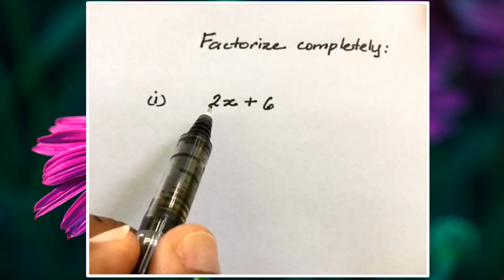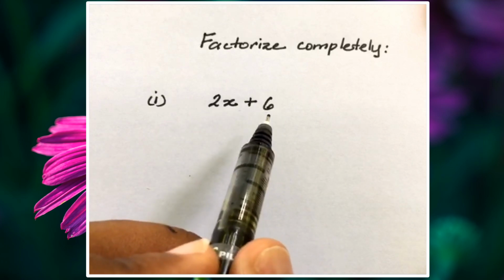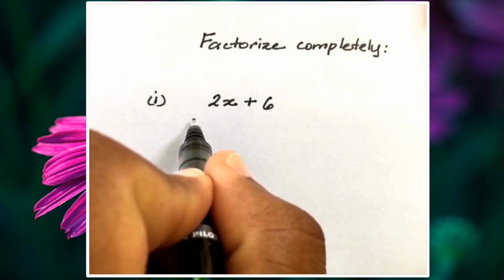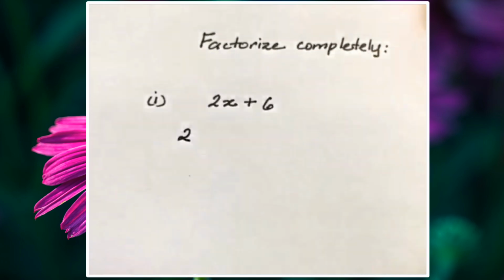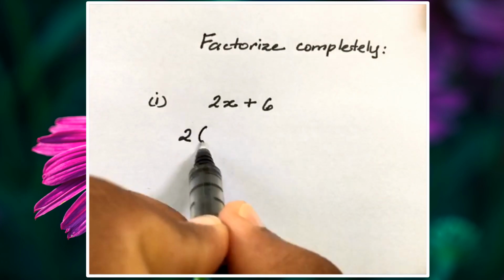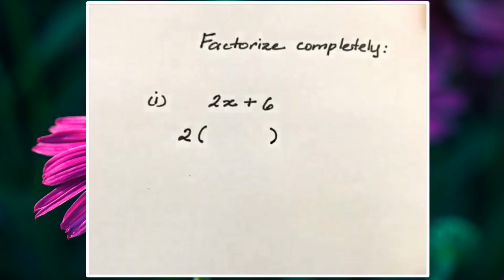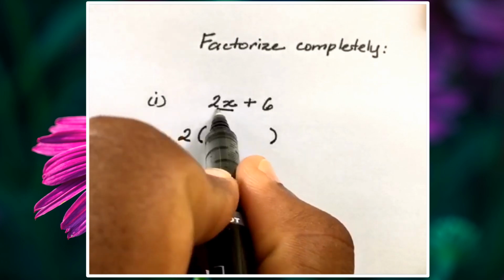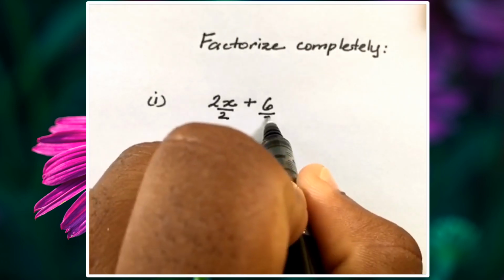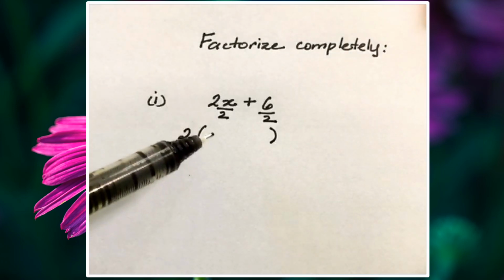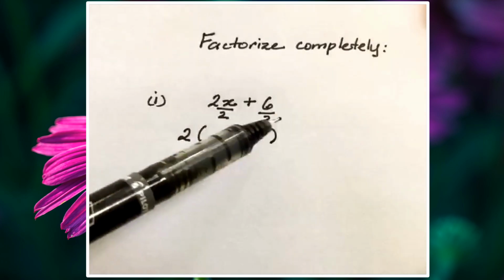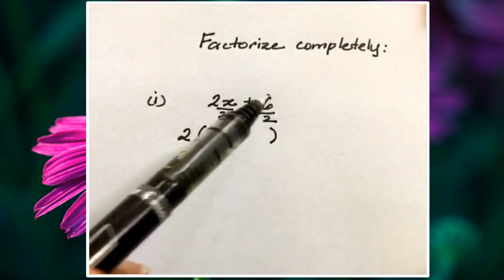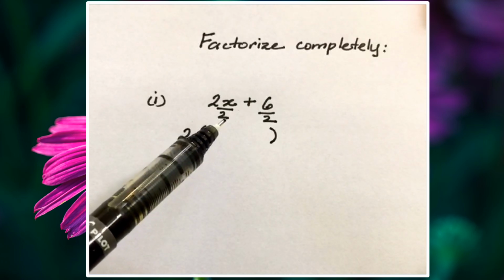2 can go into 2x and 2 can also go into 6. So I'm going to pull out the common factor, which is 2, and then I'm going to open up a set of brackets. By this common factor, I'm going to divide both terms. So notice that 2 can go into both 2x and 6. So I'm going to divide both 2x and 6 by that common factor, which is 2.